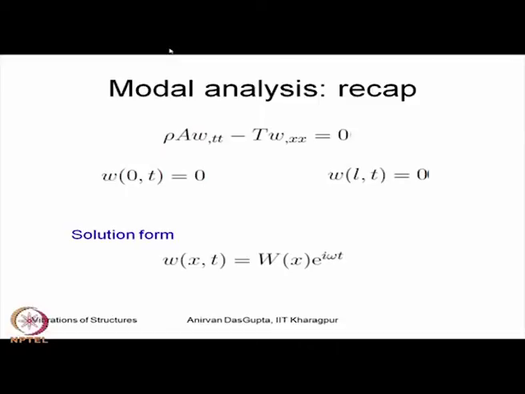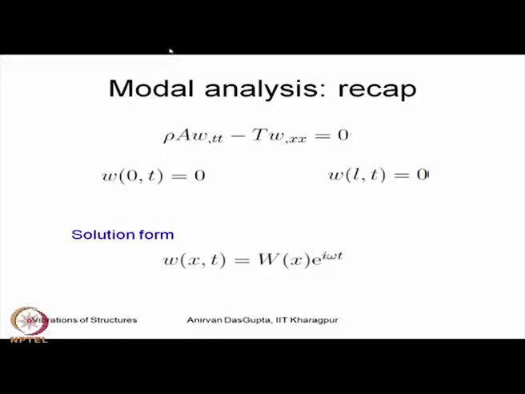For the problem of the string, this is a self adjoint problem, as we have discussed. So, W, the amplitude function, is real, and so we have a solution which we wrote as a combination of the real and the imaginary parts of exponential i omega t.